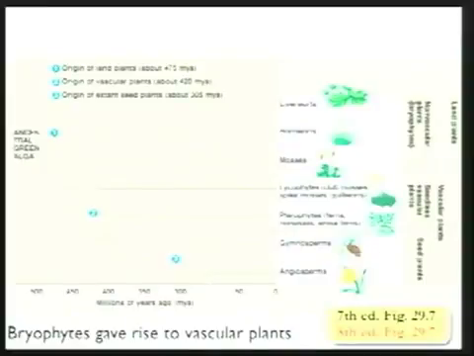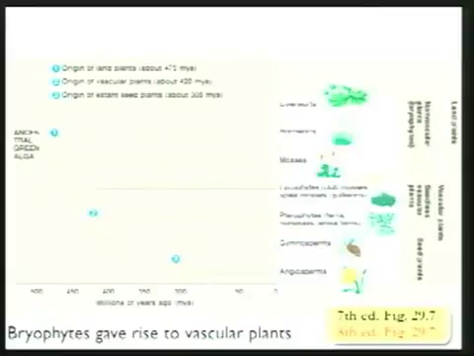Okay, so these are the 7 major groups of land plants that we're going to focus on in this course. There are others, but these are the 7 major lineages or clades. And here's the most recent common ancestor of all of the land plants, now extinct. Based on molecular and fossil data, we think this is back in the early Paleozoic.